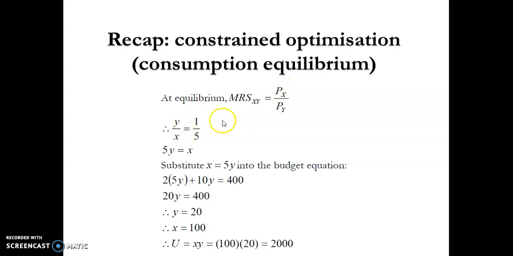So by setting those equal, you could determine that optimal bundle mix, and you could then substitute that into the budget constraint to determine the quantities of y and x that would maximize utility, and then you could also determine what that utility would be. So this is the one method of solving your constraint optimization or consumption equilibrium problems.